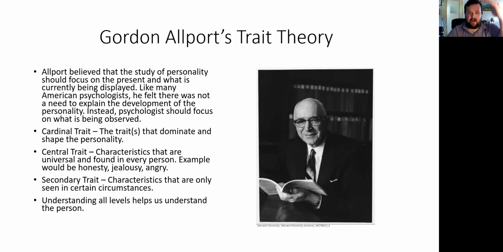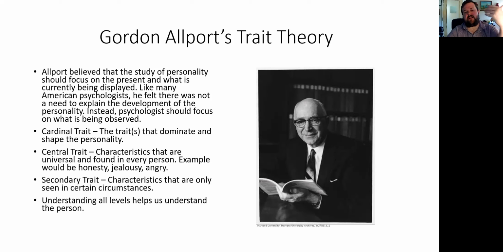So again, how this model works: cardinal trait, that's your dominant personality. It's pretty consistent over time. Central traits are essentially elements that we've all experienced being human, and it's going to vary depending on the circumstance. And then finally, secondary traits are elements of our personality that are seen in very certain circumstances.